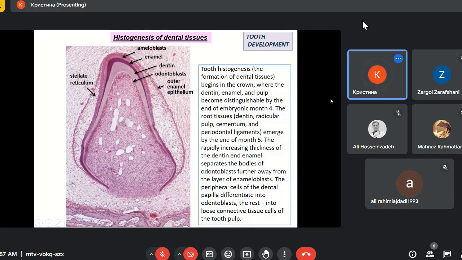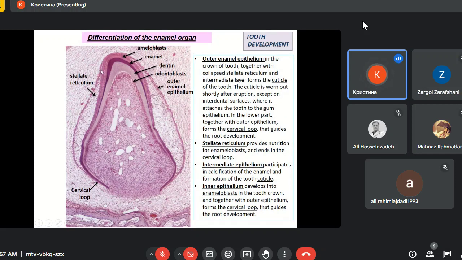So, tooth histogenesis starts from the top of the crown and continues downwards, both for production of enamel and dentin. So, the thickness of enamel and dentin gradually increases, and the ameloblasts and odontoblasts move away from each other.